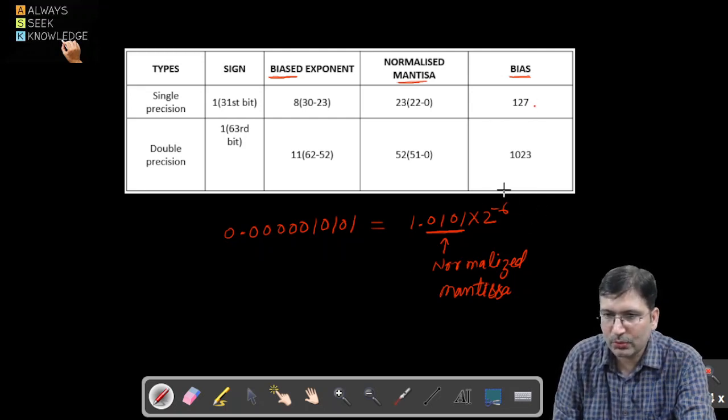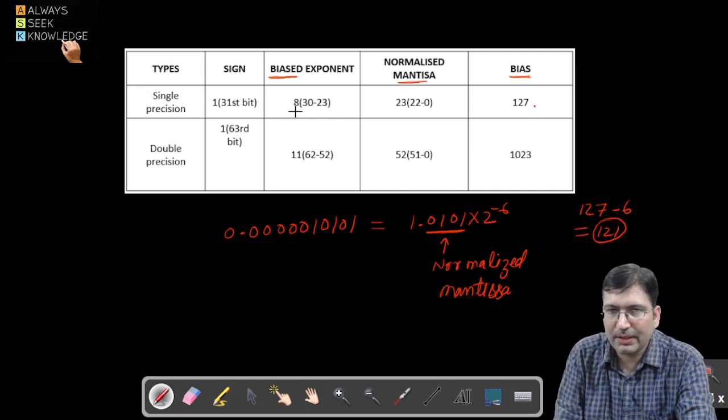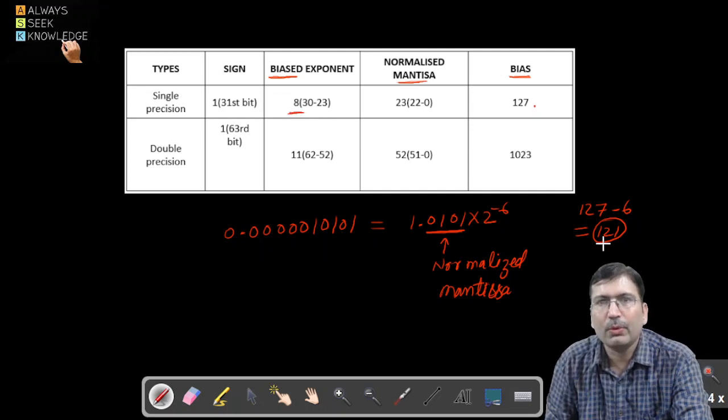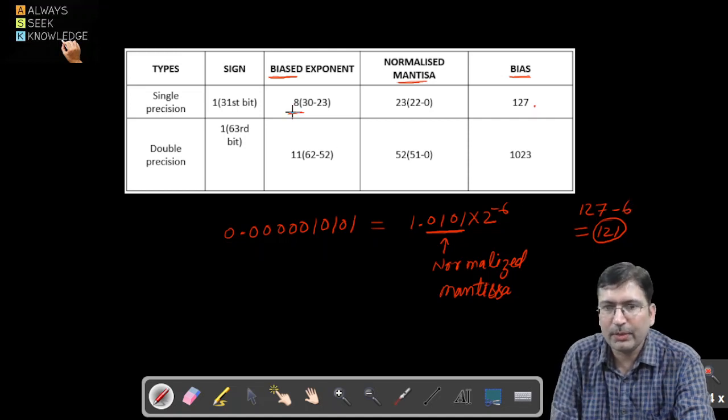So rather than storing -6, we will store 127 minus 6, and it will give us 121. So in the exponent part, which has 8 bits, we will store 121 rather than -6. That part we consider as the biased exponent.